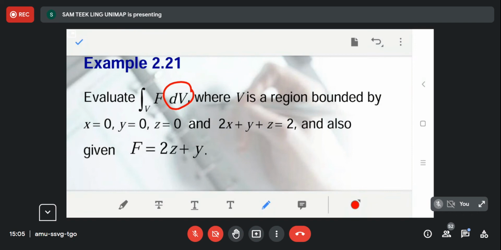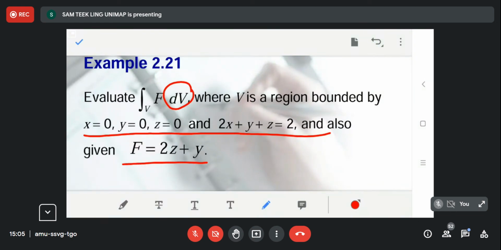If the question gives you F dot dS, that one is surface. So first step, you know this one is a tetrahedron. You sketch first.